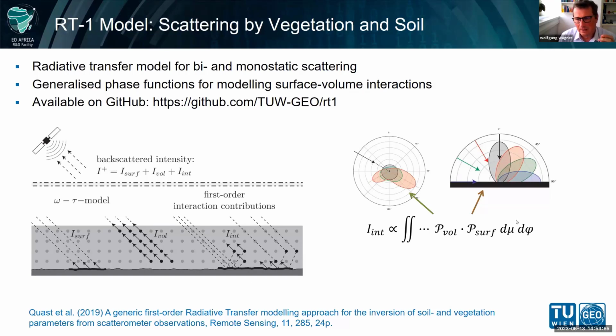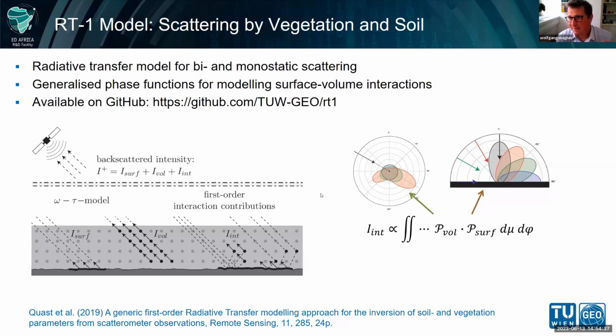And then there's the contribution from the soil surface, and also there we can say, give us this kind of scattering behavior in the different directions. So it's a very powerful first-order radiative transfer model that can simulate the contribution from the soil surface, the contributions from the vegetation volume, and then interaction terms between the vegetation and the surface.